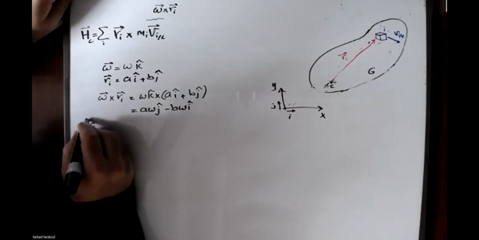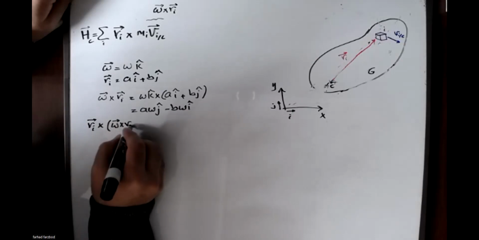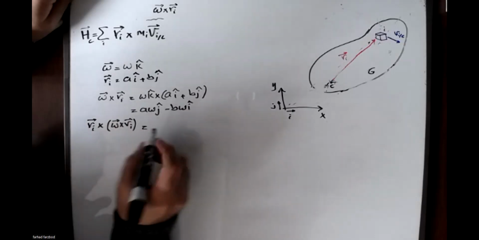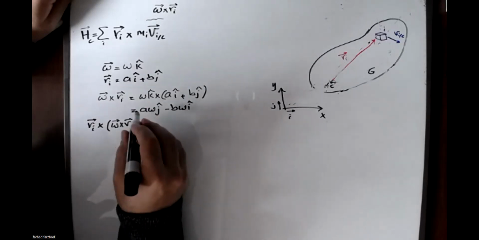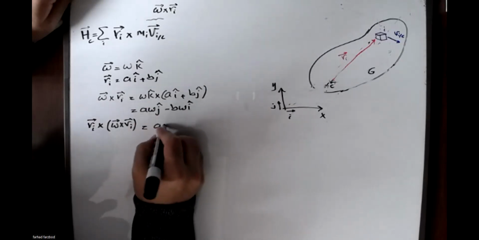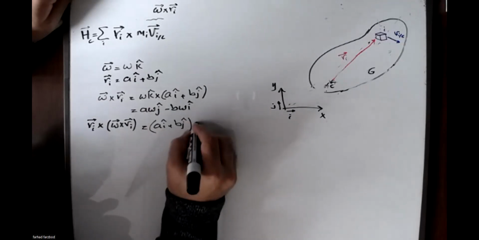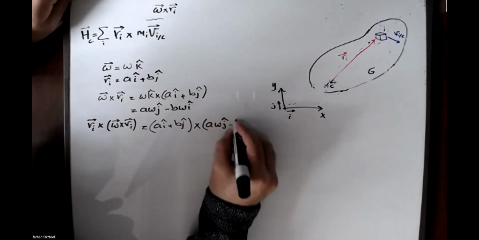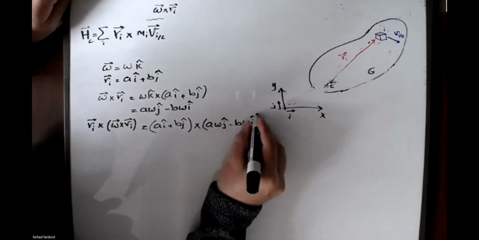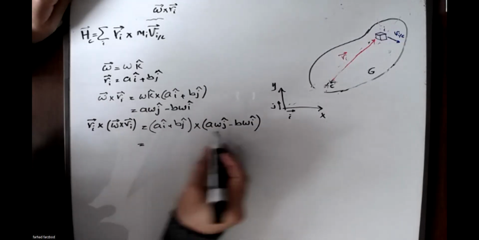So now again, I cross it again with Ri. Then I would have, let's say, a i hat plus b j hat cross a omega j hat minus b omega i hat. Then i hat cross j hat becomes k hat.